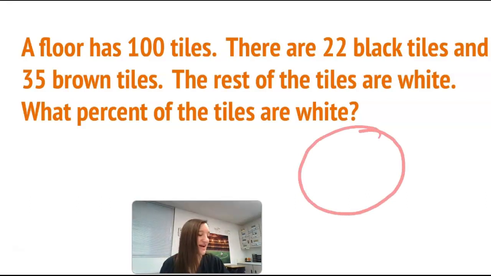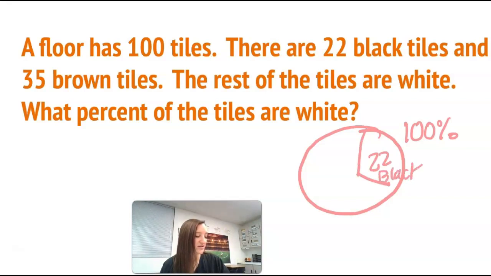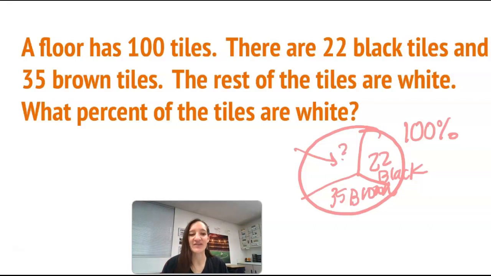Because there are 100 tiles, I can do it in a pie chart. 100% of the tiles, 100% of them are tiles. It says 22 are black, 35 are brown, kind of estimating, right? The important thing is that when I add the white tiles, it will all equal 100%.